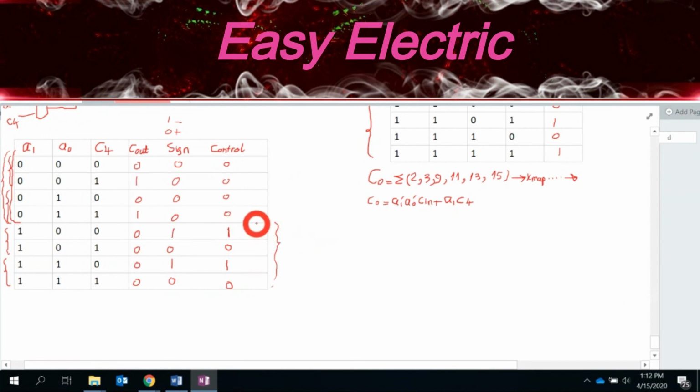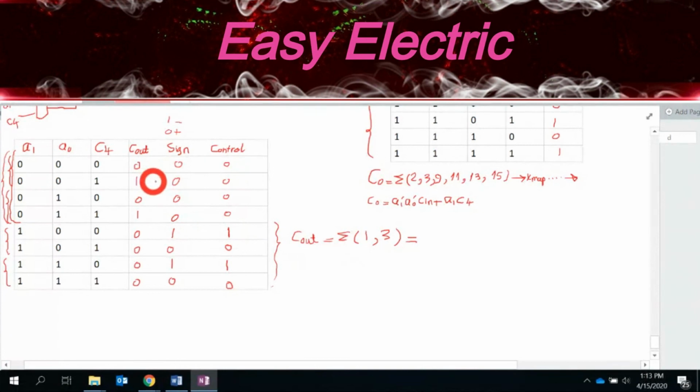So similar, now it is a design problem, right? You say C out is a function of A1, A0, C0. It is equal to sigma minterm. Which minterm? Help me. C out is 1, and what else is 3. So 1 and 3, it is equal to this.